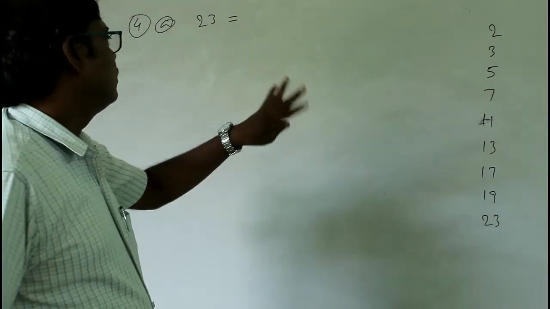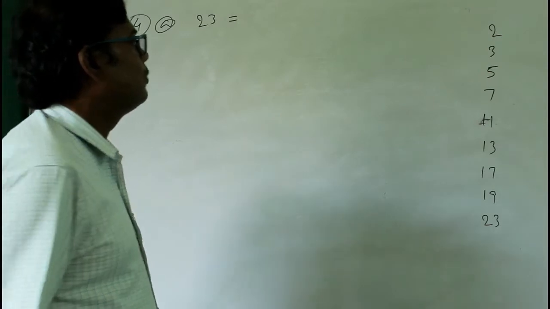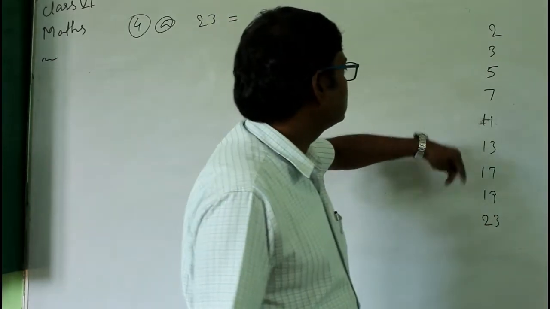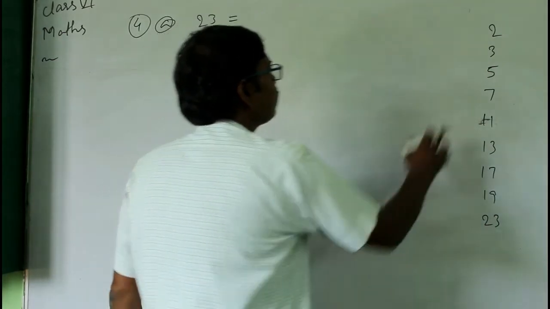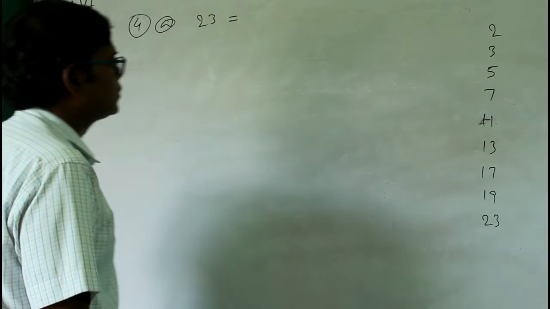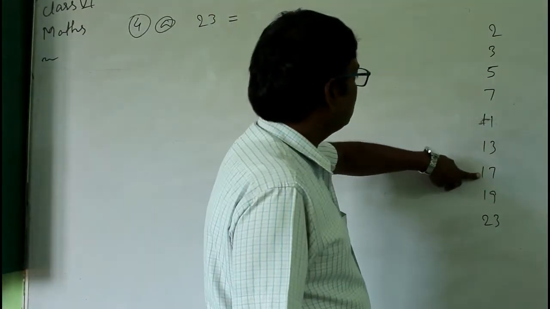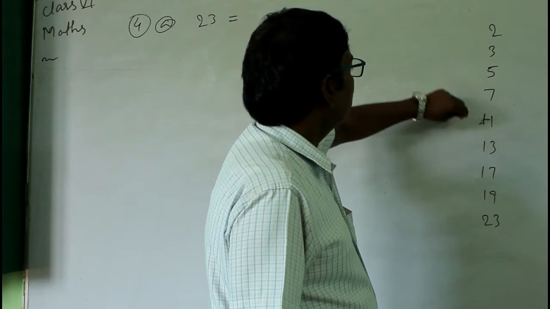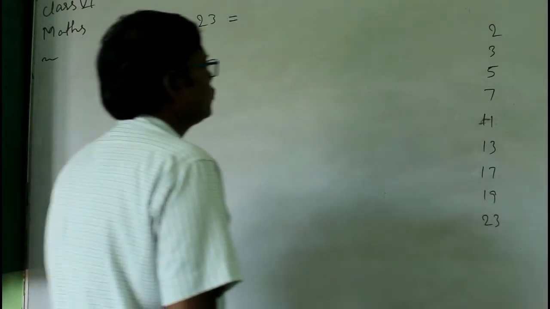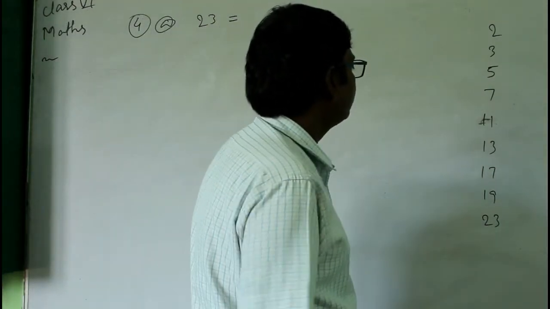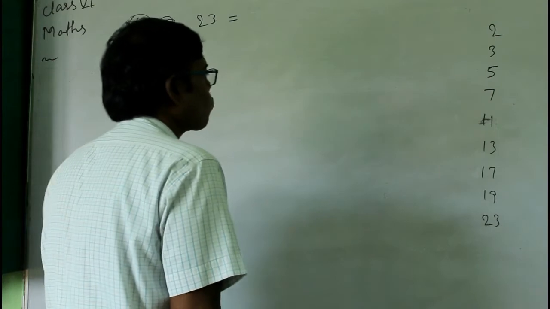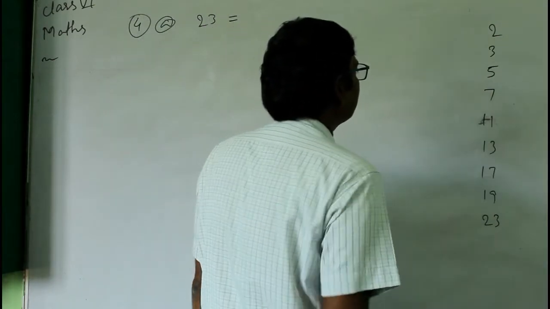Then we have to make arrangements: we have to take any three numbers so that the sum is 23. 17 plus 5 is 22, not correct.